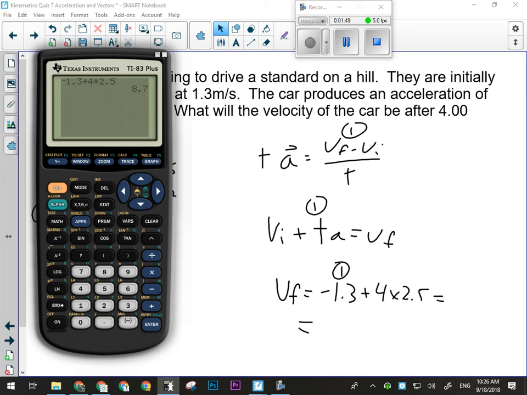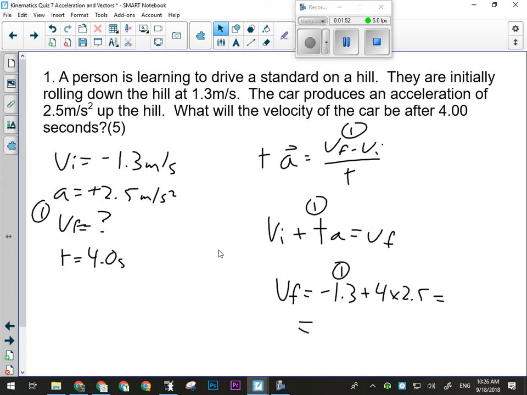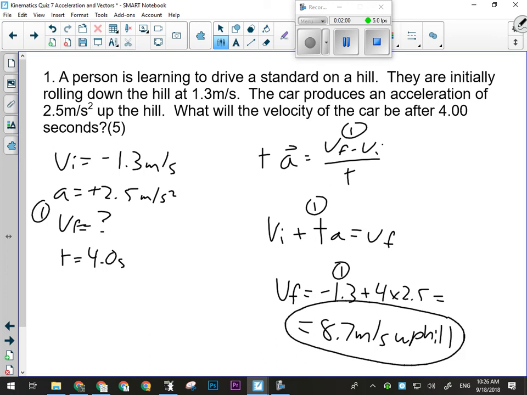That's 10, so 8.7 meters per second uphill for their 5th and final mark. 2 significant figures, and they must have uphill to get that mark.